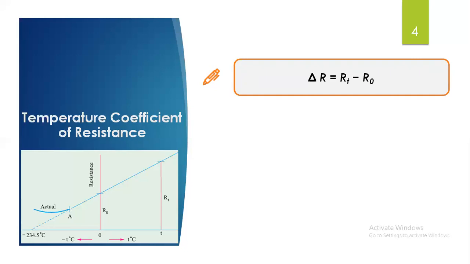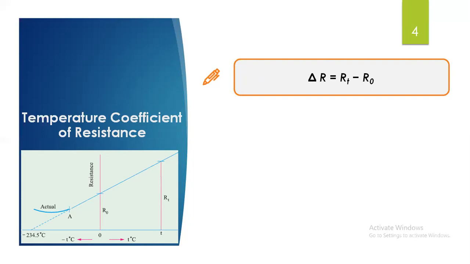Then, considering normal ranges of temperature, the increase in resistance, delta R, is RT minus R0. For conducting materials, as temperature increases, the resistance of the material increases.